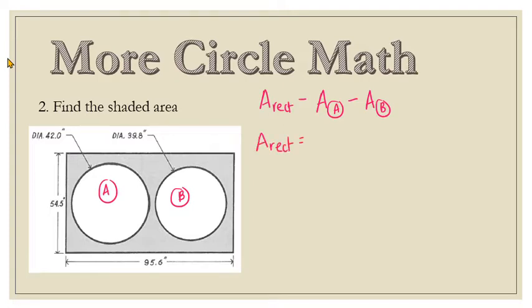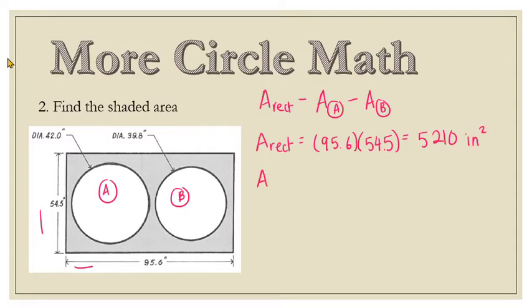We've got a length and a width given to us, very easy. So we take 95.6 and we multiply it by 54.5. And notice I'm switching between the x's and the brackets for multiplication, but they mean the same thing. Sorry to be annoying. And we have square inches.